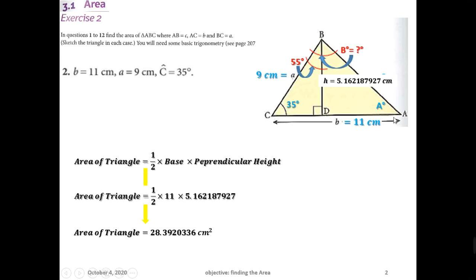CDB is one triangle, ADB is the second triangle, ACB is the third triangle. So we took CDB to calculate the height using the sine rule, and then we just wrote the general formula of finding the area of a triangle. We substituted the base and the perpendicular height, and then we found the area of this triangle.